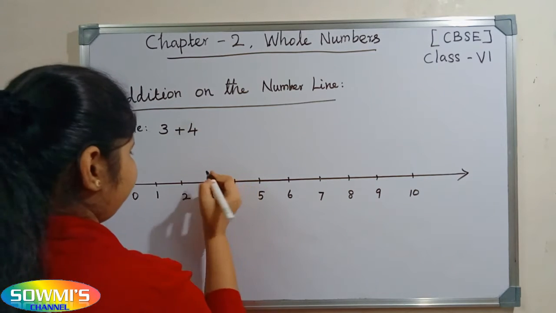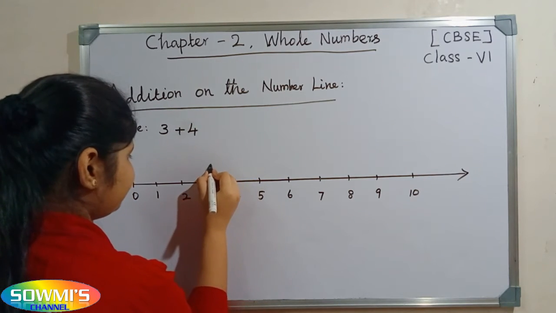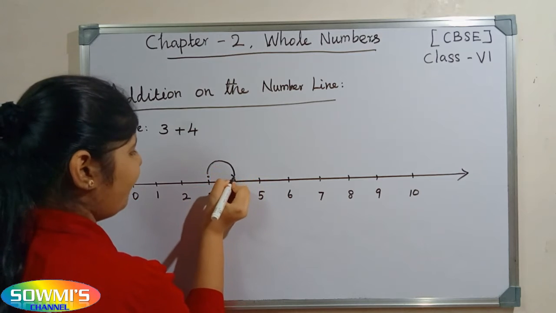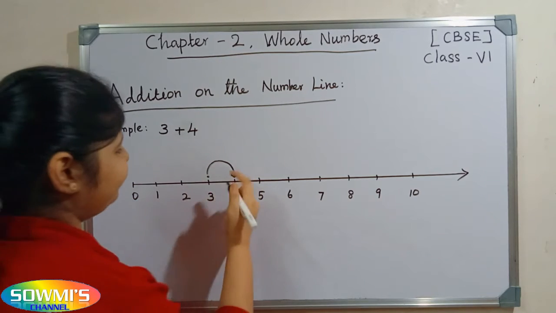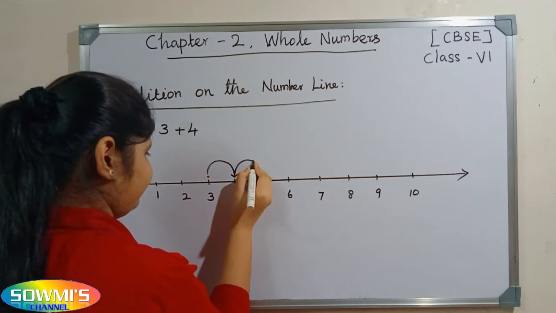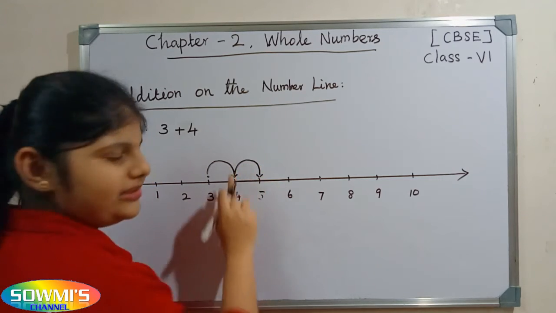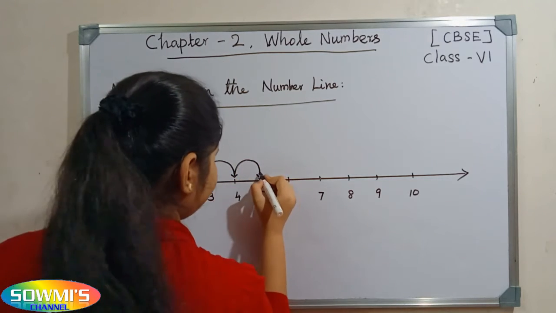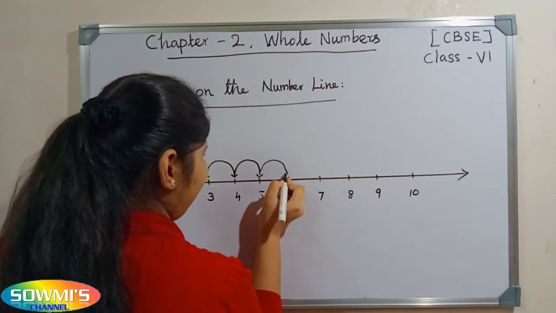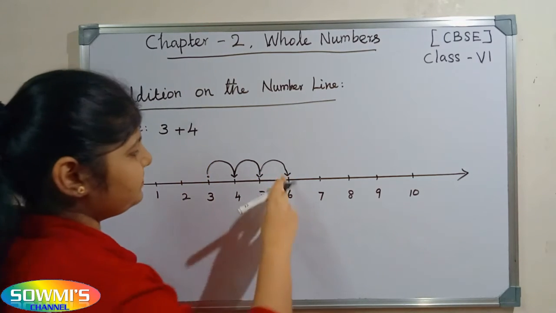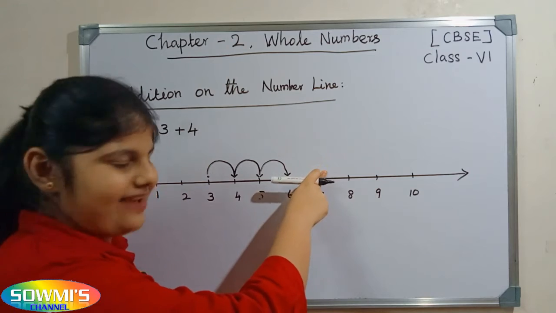4 jumps. So 3 to 4, 4 to 5, 5 to 6, 6 to 7.